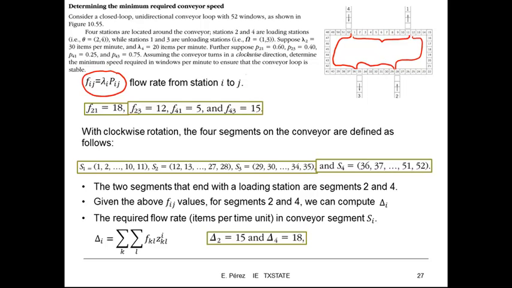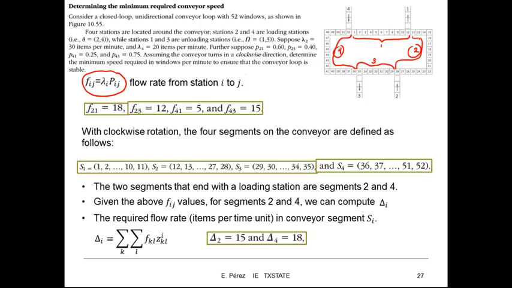The 2 segments that end with the loading stations are segments 2 and 4. So that's this segment and this segment. So segments 4 and 2 are the ones that end with the loading station.